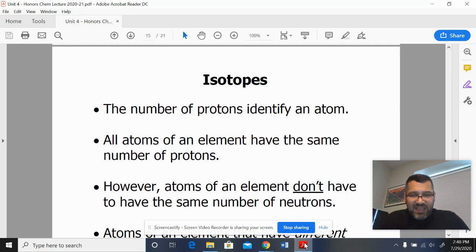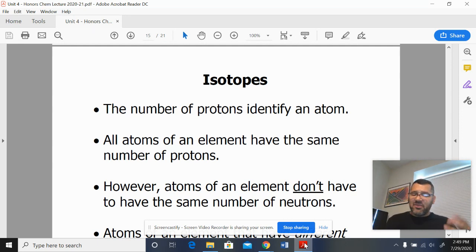If an atom has the same number of protons as any other atom, then that means that atom is exactly the same thing. So it's the protons that identify an atom, sort of its student ID number or its social security number. It's the number within it that describes it and identifies it as a particular atom.